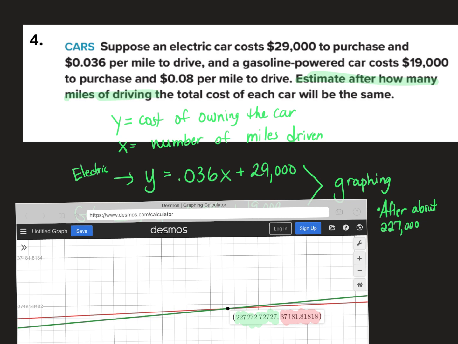So after about 227,000 miles of driving, whoops, I put an E, but I know that's an I, driving, the total cost of each car would be the same. And that is example 4.